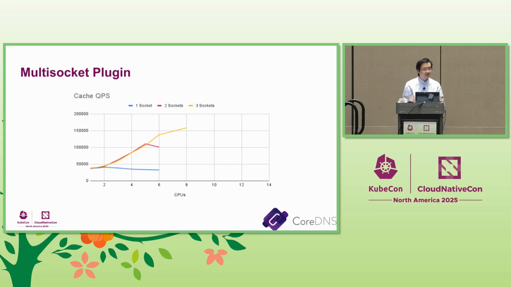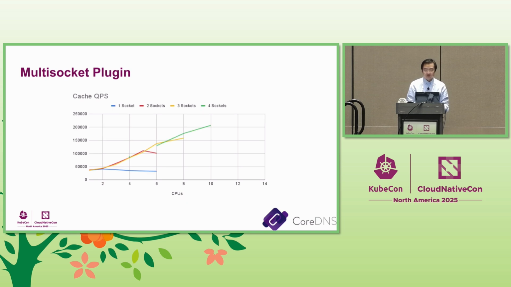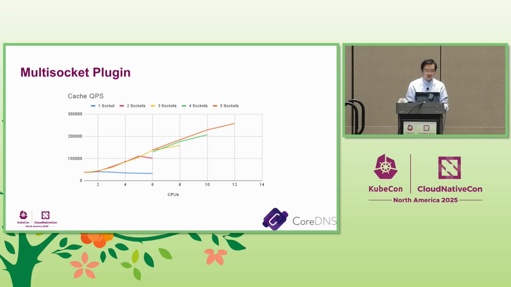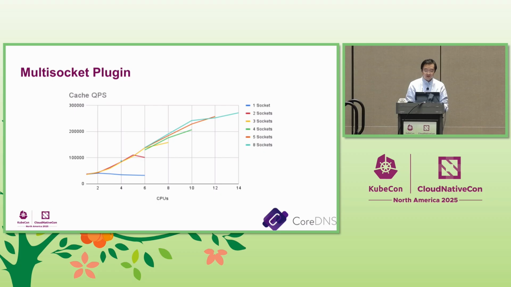And the thing is, the more CPUs you saturate, the better, because if your CPU is sitting idle, it's serving no purpose, right? So you can increase a little more, let's say 4 sockets. That's reaching 200K. A little more, that's 250K. And eventually, you will be able to get close to 300,000 QPS.